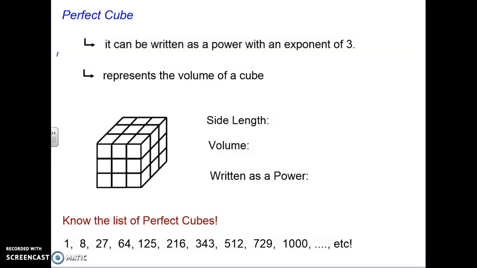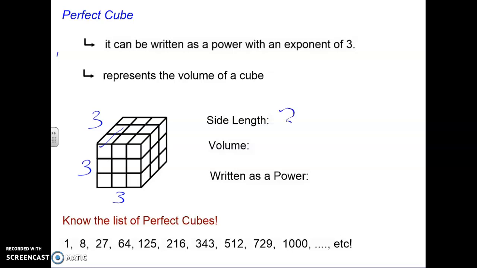If we look at this cube that we have on our paper in front of us, we see that it has a side, and it has 1, 2, 3 squares. So we can say that each side of this cube has a length of 3.